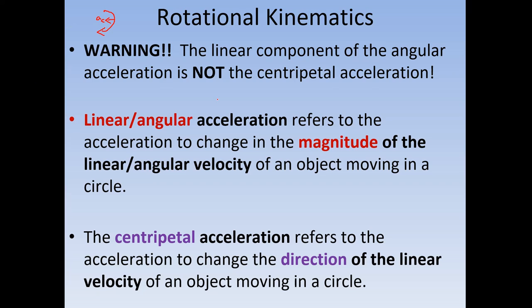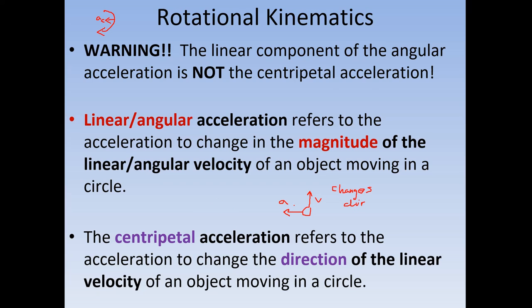This actually goes back to what I said last time when we were talking about the circular motion unit, when I said that if your velocity is pointed this way and your acceleration is pointed this way, then this only changes direction and not magnitude. So this would move at a constant speed, but move in a circle.